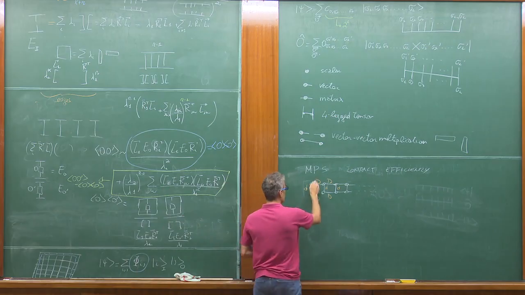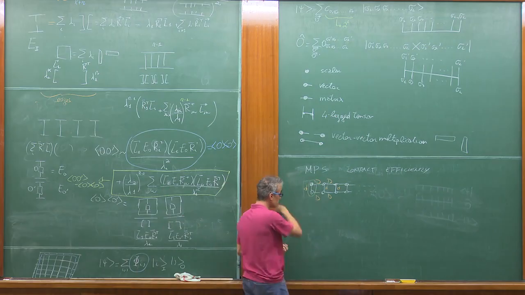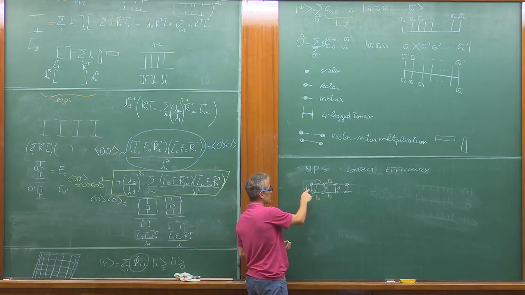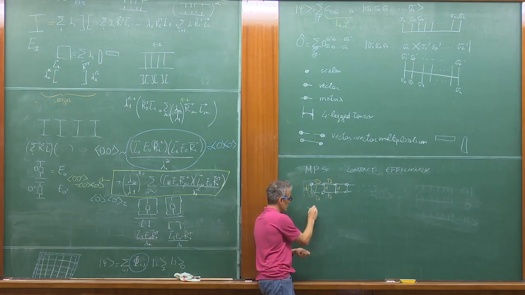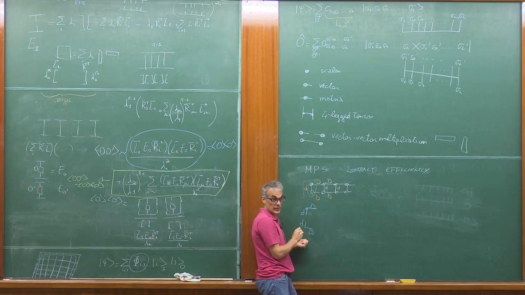First of all, I will compress these two. So here, how many operations will I need to do? I have D and small d, and then the other tensor is small d and big D, correct?